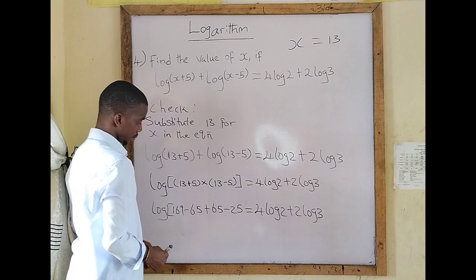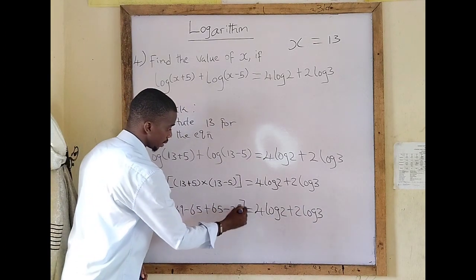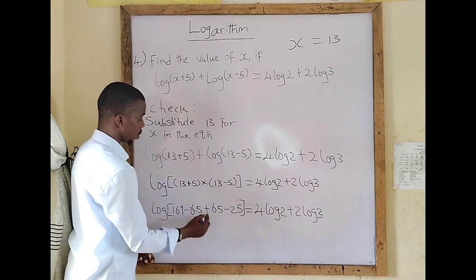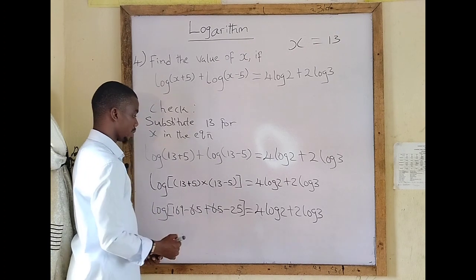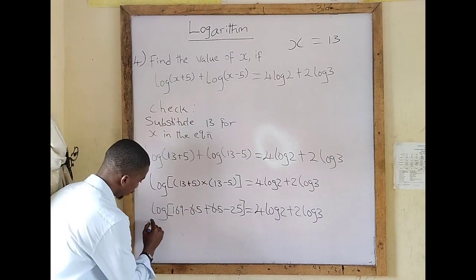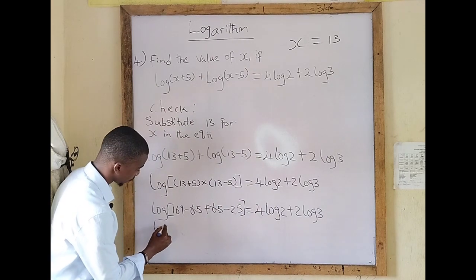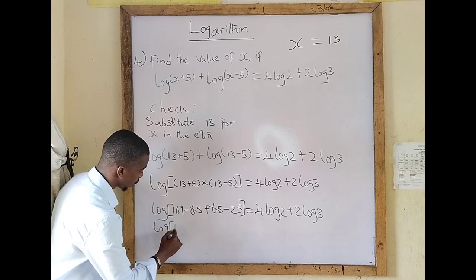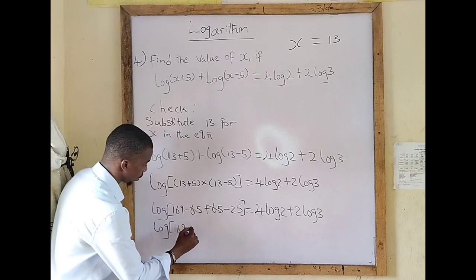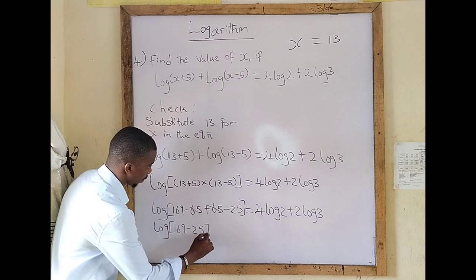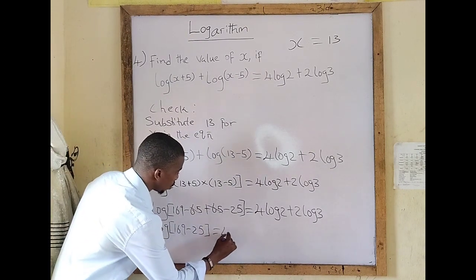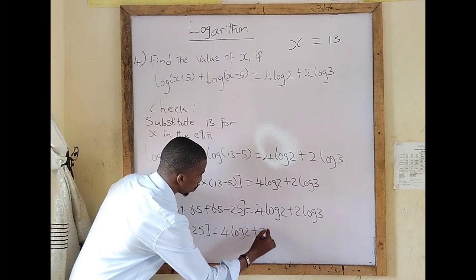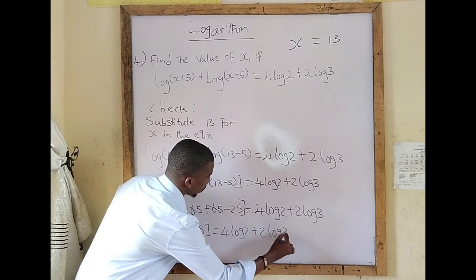Okay, if we simplify this, add parenthesis here, we see that 65 minus 65 will go. All right, and we'll have log 169 minus 25, which is equal to 4 log 2 plus 2 log 3.